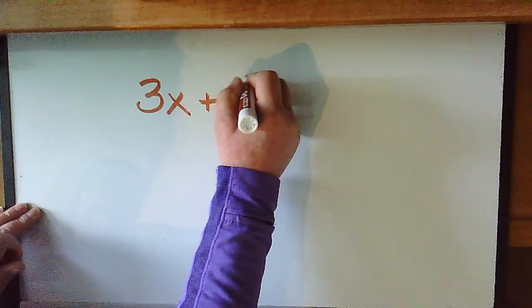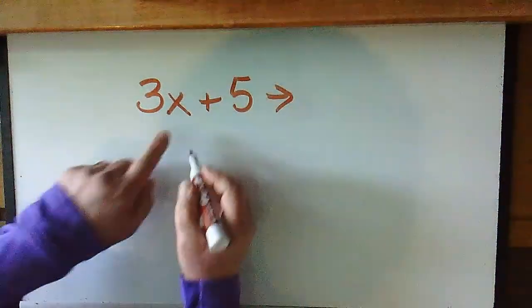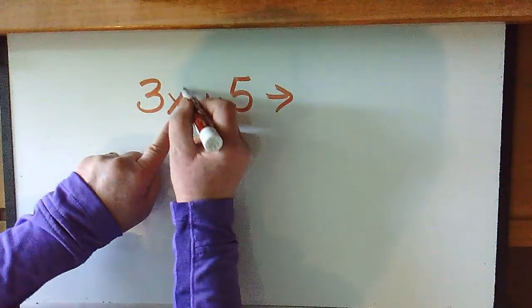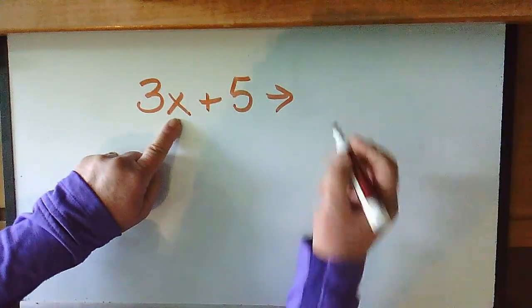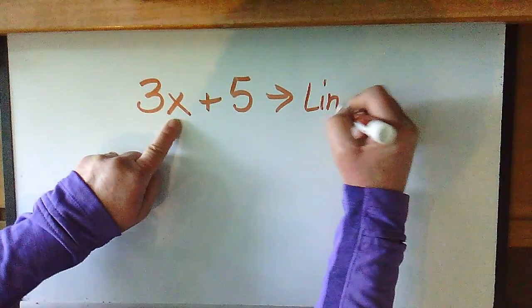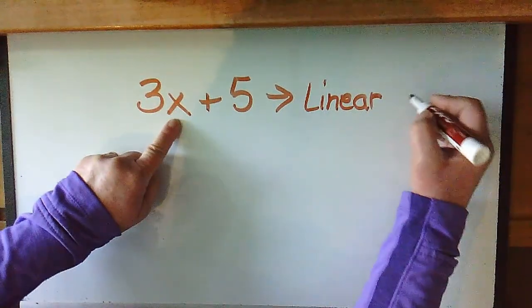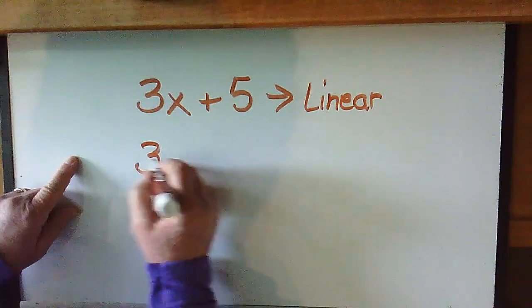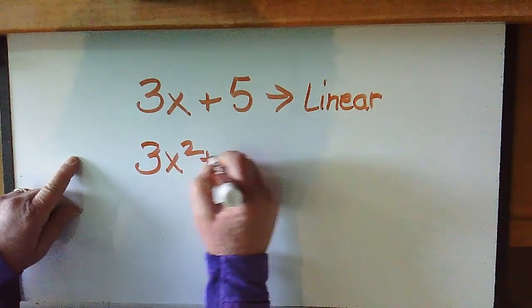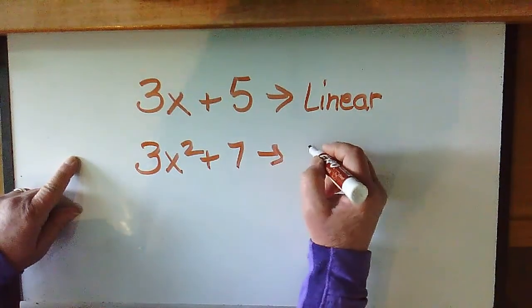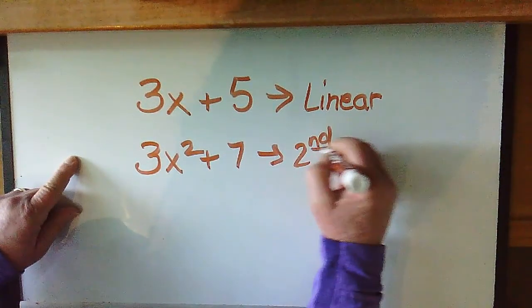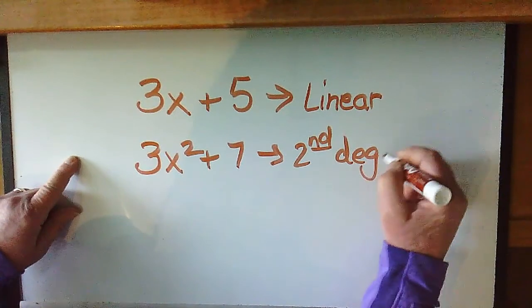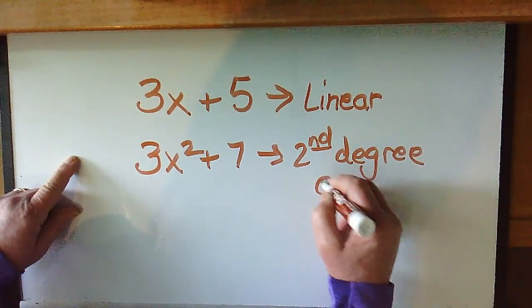Okay? So if you have the degree of this term is 1, so it is called a linear or first degree. Okay? You can also have degree 2, which we're about ready to learn about. That is a second degree, also known as a quadratic.